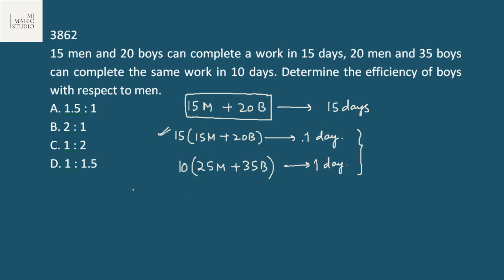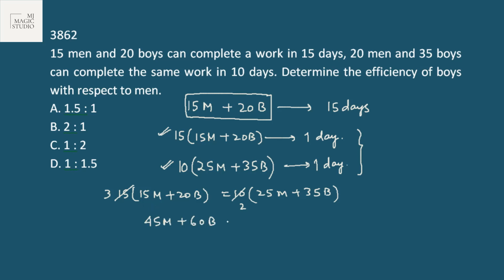Now, this group is also completing the work in one day, and this group is also completing the work in one day. That means we can equate their efficiencies. That means 15 into 15m plus 20b is the same as 10 into 25m plus 35b. 3, 2, 45m plus 60b equals 50m plus 70b.